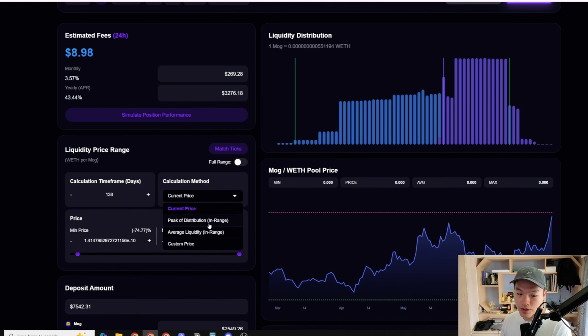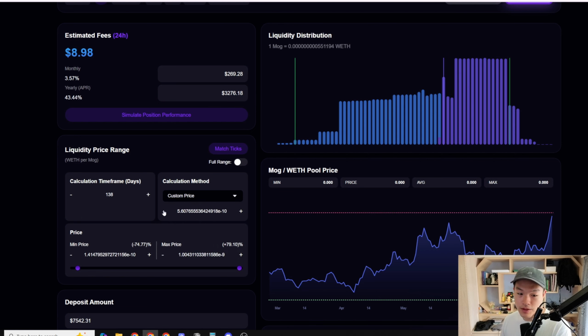current concentration. If I hit custom price here and I move it up and down a little bit, you can still see 40 something percent. And let's say to the top side, where the concentration is the highest, that's my worst case scenario. So 26% APR at its lowest, and then 40 something percent APR when the LP is in this concentration range, right?